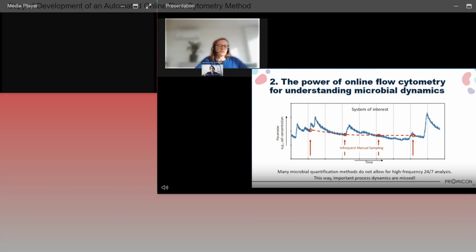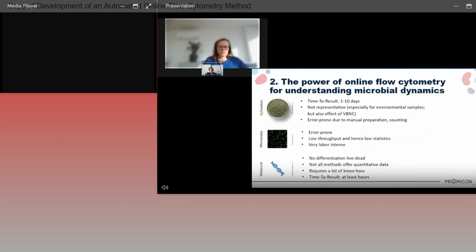So many microbial quantification methods do not allow you to do high frequency 24/7 analysis, and important process dynamics are simply missed. And flow cytometry can actually help with this if you run it in an online way, as we will explain later. So data you can see here, you can collect this type of data with the online flow cytometry method.